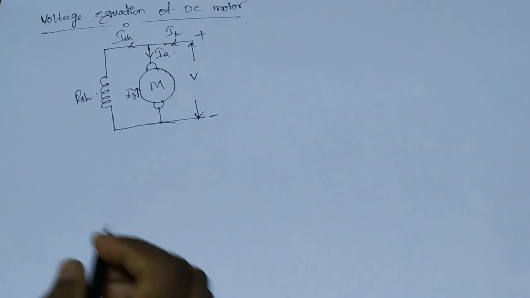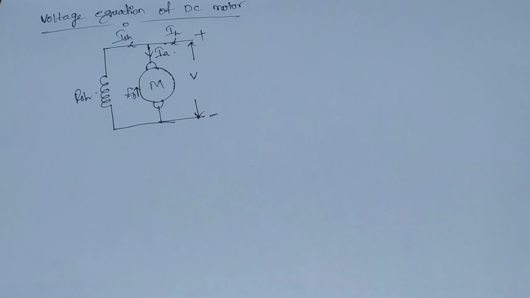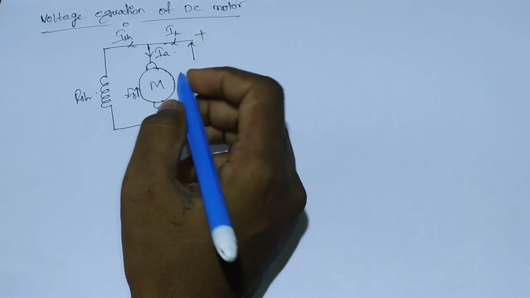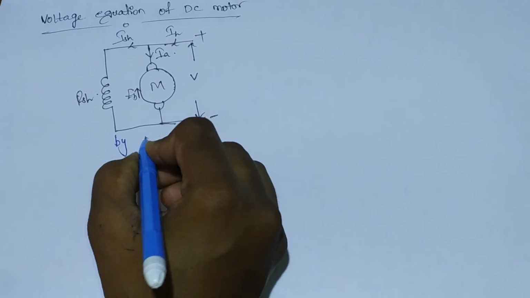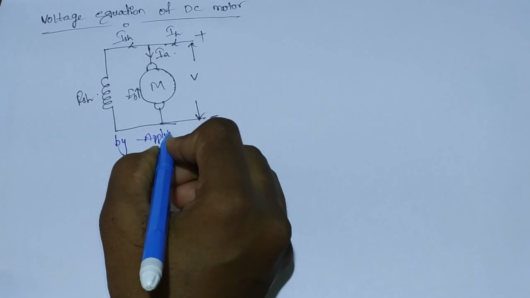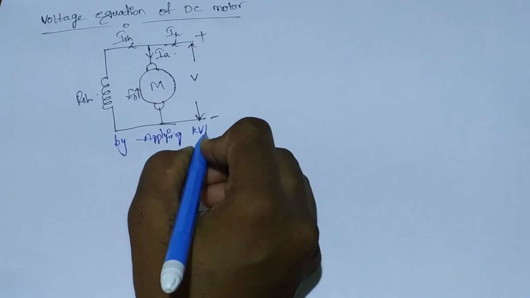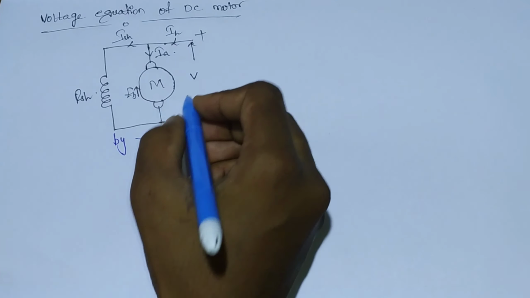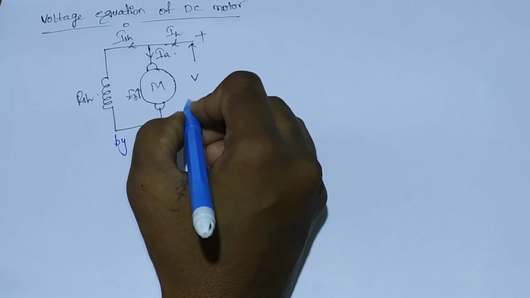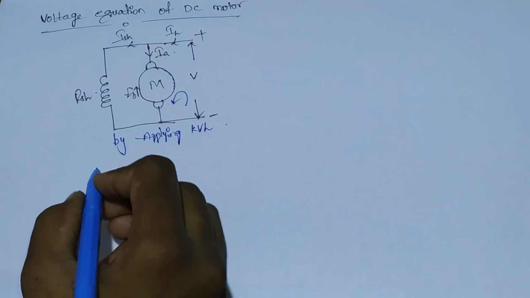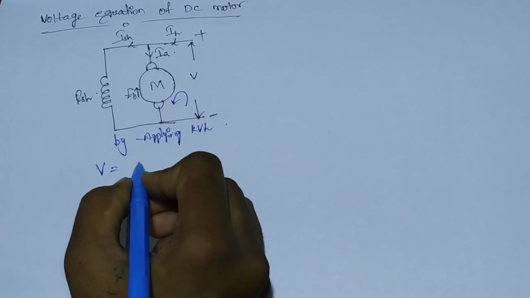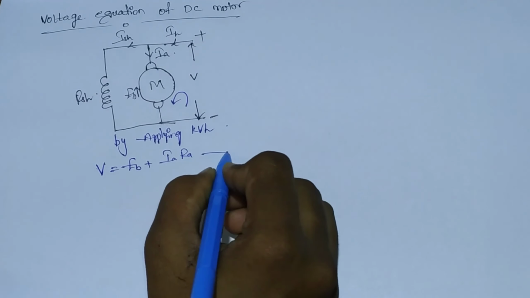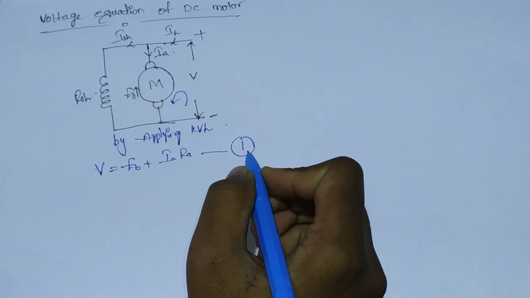Now I apply Kirchhoff's voltage law, KVL, to this loop. What happens? I get V equal to EB plus IA RA. I consider this as equation 1.